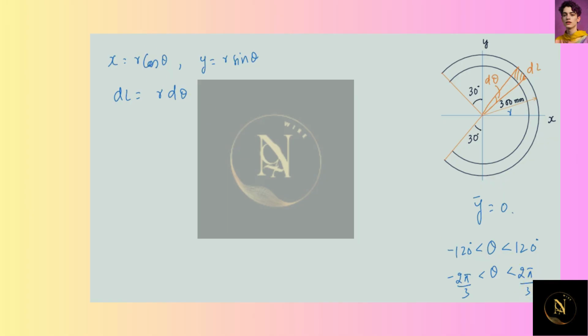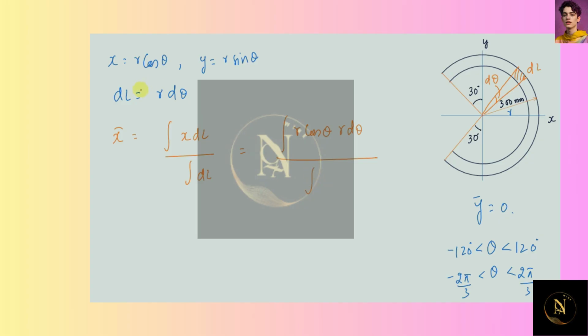Now the x coordinate for center of mass is given by the expression x bar equals integral x dl over integral dl. Now x we have r cosine theta, so we can plug it here, r cosine theta, and dl we have r d theta, so r d theta, divided by integration dl.